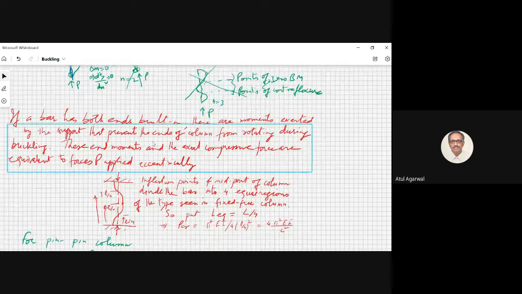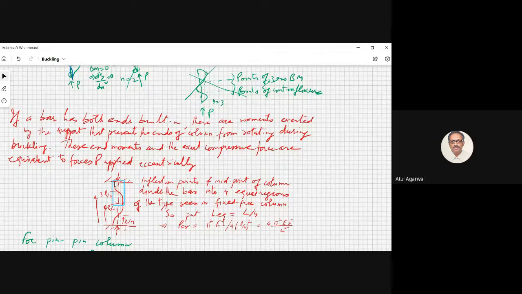So if a bar has both ends built in, it means you have fixed ends at both the ends. There are moments exerted by the support that prevent the ends of the column from rotating during buckling. So here you see this kind of a deformation. Here there is no rotation of the cross-sectional plane. Similarly, here there is no rotation of the cross-sectional plane.